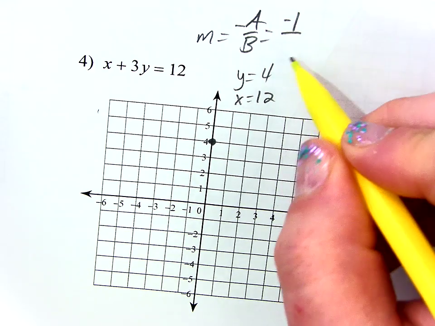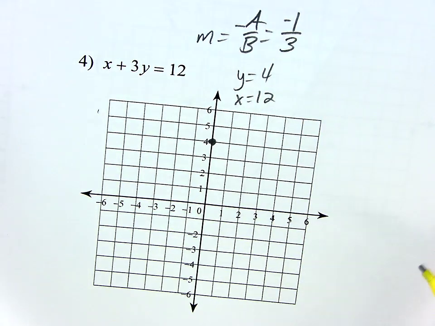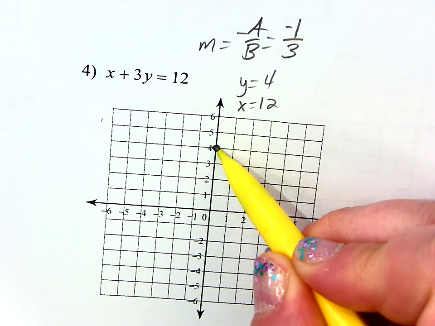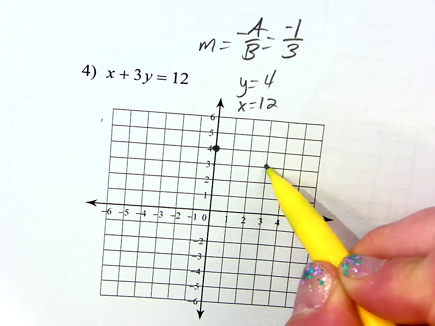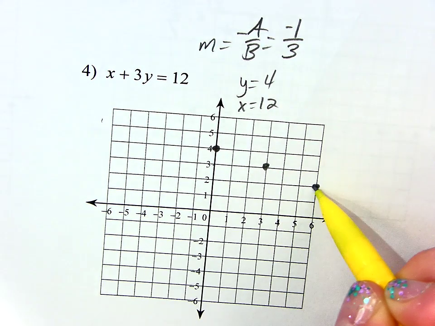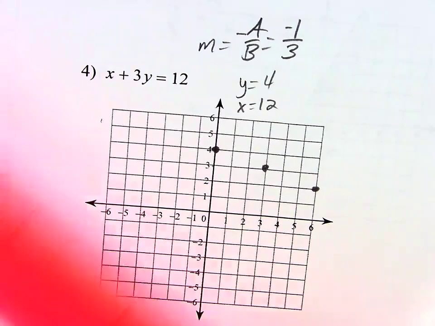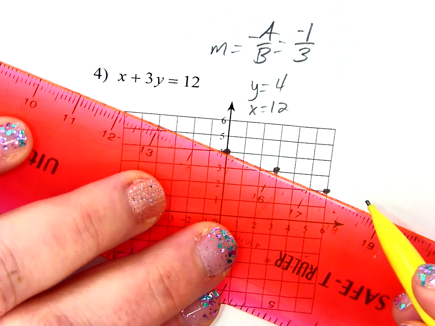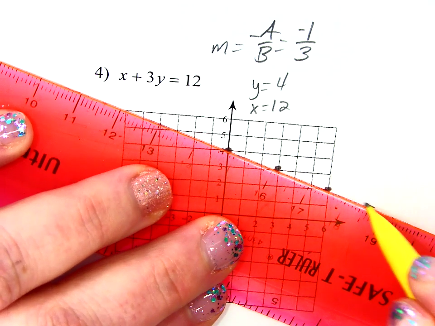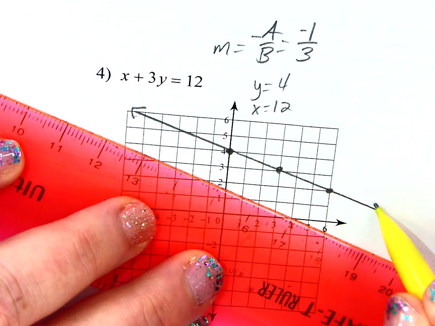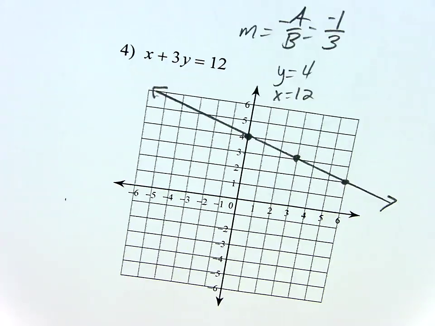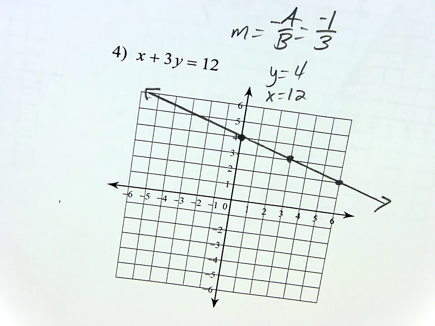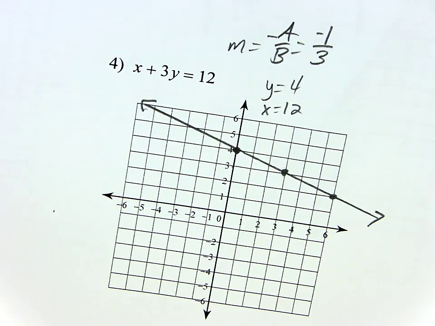And then over b, 3. So my slope is a negative 1/3. So from that point, I would go down 1/3. So I won't be able to see my x-intercept on this graph, but that's okay. I'm still able to get the line correctly by doing that little trick, if you will. If you have a point and a slope, you can graph the line. Okay. I'm going to stop this.